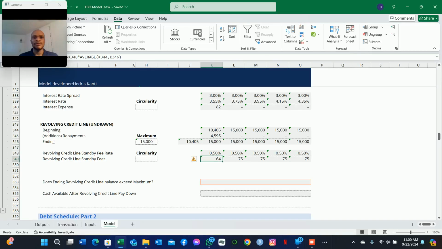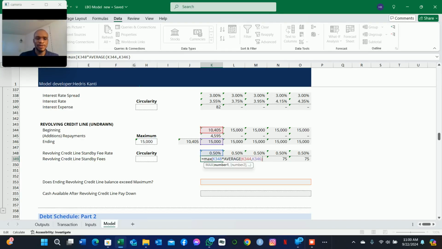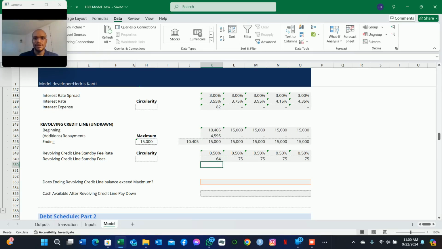But first of all, we will want to modify our standby fee to say that it's going to be the maximum of this amount and 0. I'll explain that in a bit. Close the bracket, I will press enter.